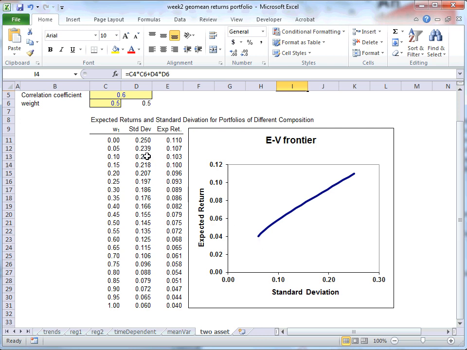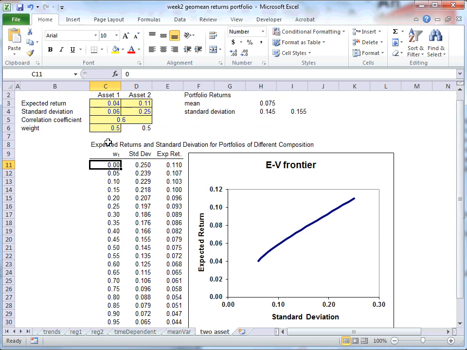This is actually a graph of these data points here. And what I did here was start out with weight of 0, W1, all the way up to 1. And what that would mean is that W2 is the opposite of this. So this would be 1. Weight of W2 would be 1, 0.95, 0.9, 0.85.